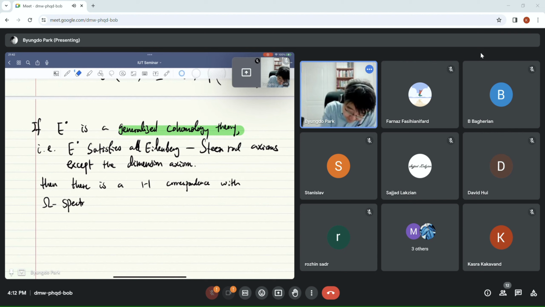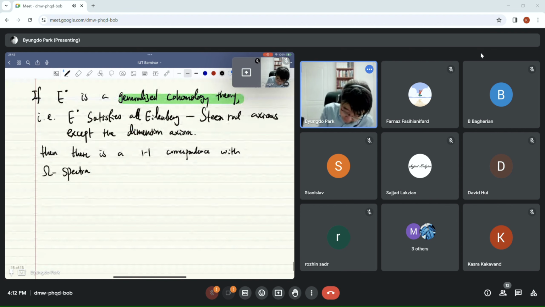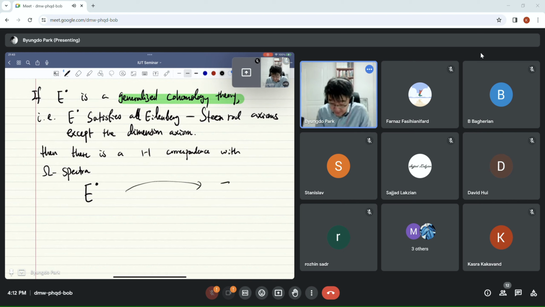If you have a generalized cohomology theory, then you always get a sequence of spaces called an omega spectrum. I'm not going to go into details because I'm not going to use this at all today, but if you are interested, you could look up nLab or Wikipedia.